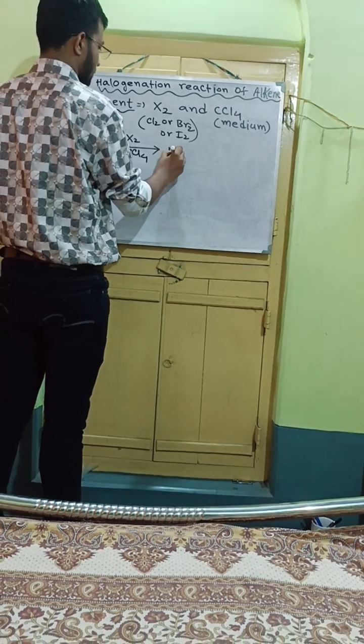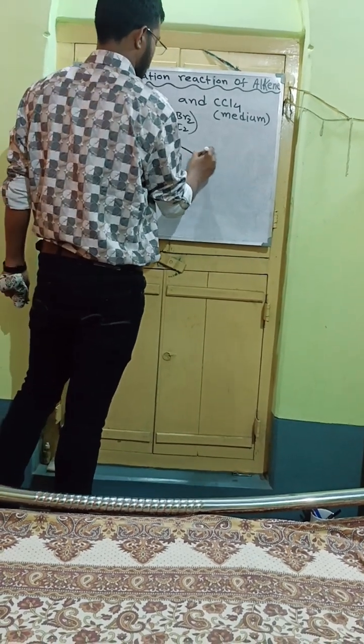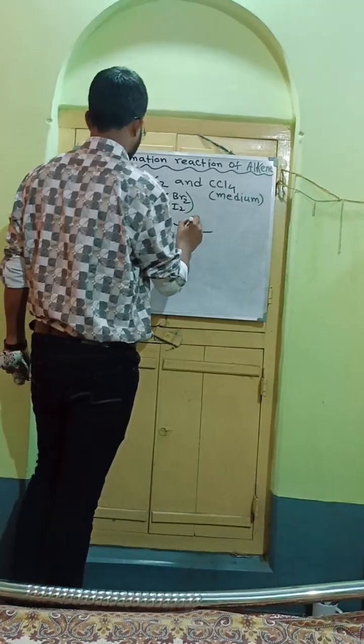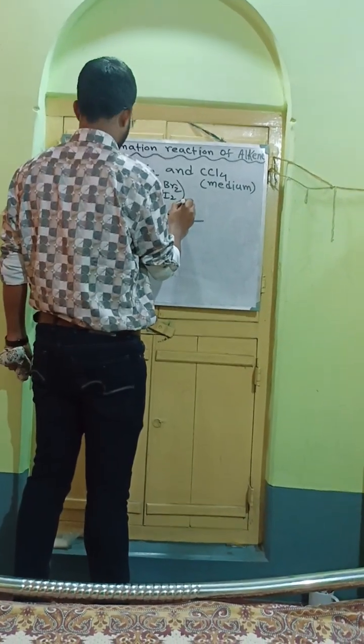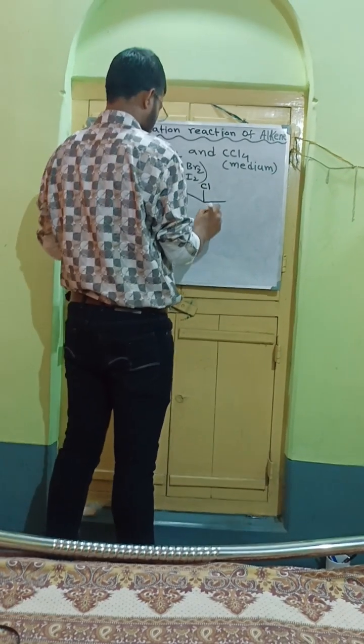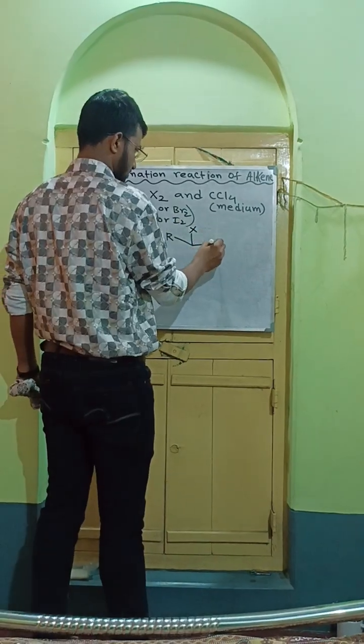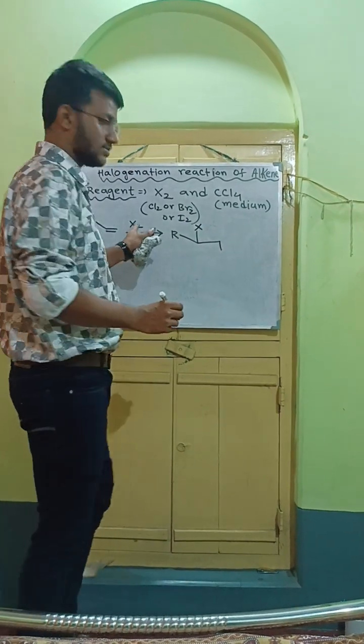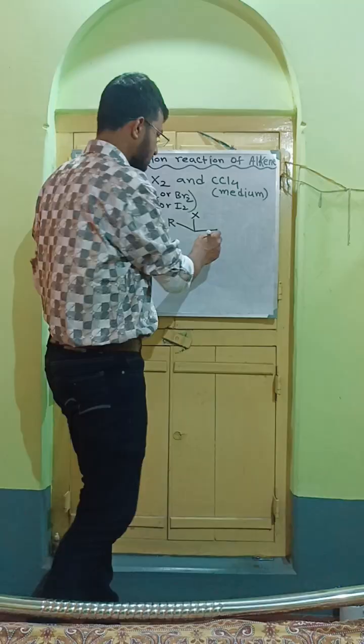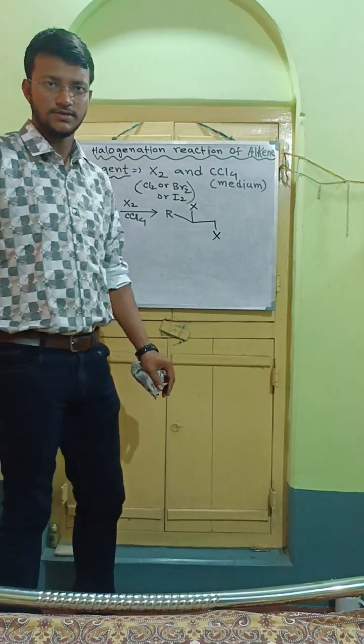If we add this, then what will be produced? If we use Cl2, then here Cl will be, but if we use X2, then here one X and there one X. Okay.